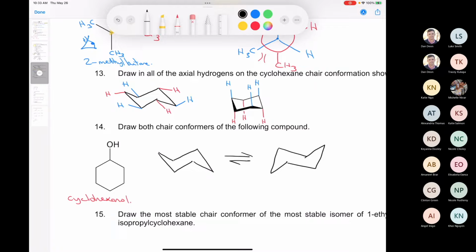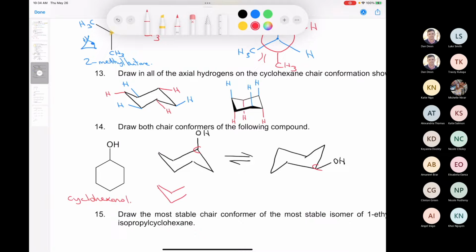Okay, so let's just imagine that the hydroxyl is going up. Doesn't matter if it's down or up, doesn't matter. So we have up and axial here. So when I flip the ring, it's going to be up, but now it's going to be equatorial, right? What I've done is when I flip the ring, this carbon moves down here. And if you're wondering, well, why couldn't you have drawn it down? If you had drawn it pointing down, you'd get the exact same answer. Let me prove it to you, because it's mono-substituted.